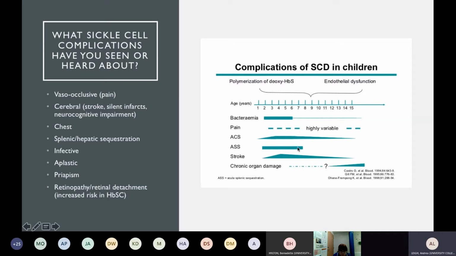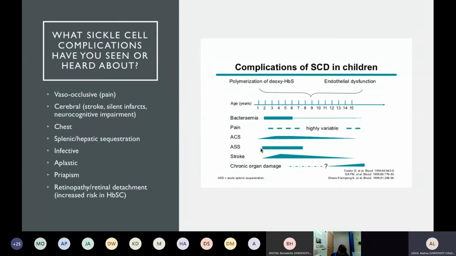My experience of acute sequestration is that, so the textbook is that you have an increase in the size of your liver or spleen by 2 centimeters or more, with a corresponding drop in hemoglobin by 20 grams per liter or more. It's painful, tender, etc. My experience is that it can be quite insidious and is not necessarily painful and tender.